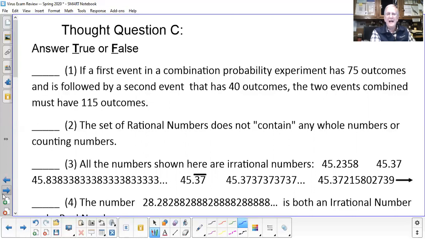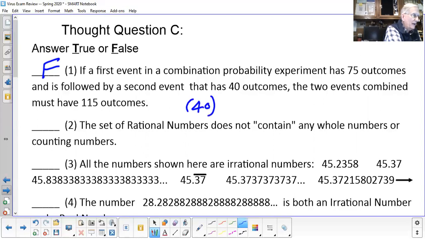Now, if you add 75 and 40 together, you do get 115. However, that is not the correct answer. This is false. The correct answer is you must what?